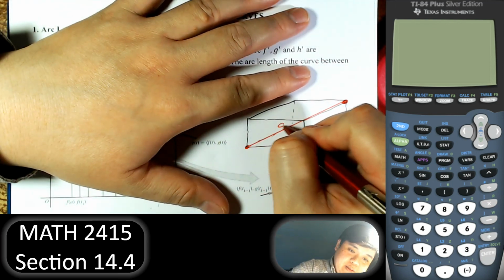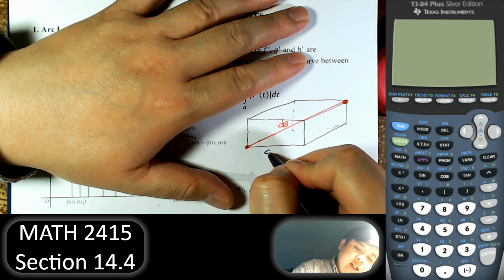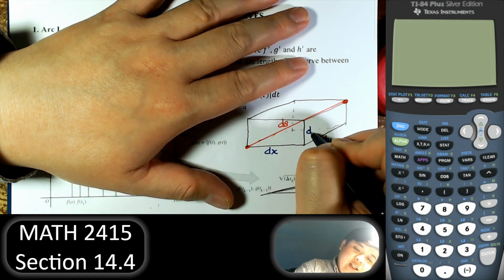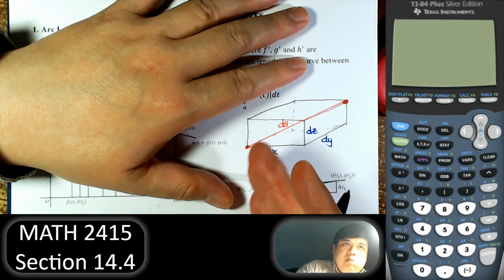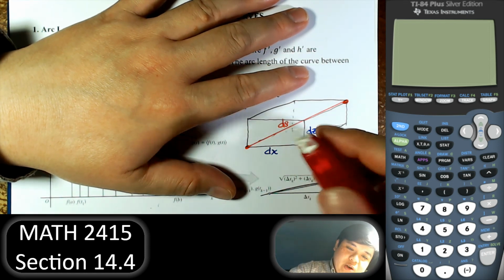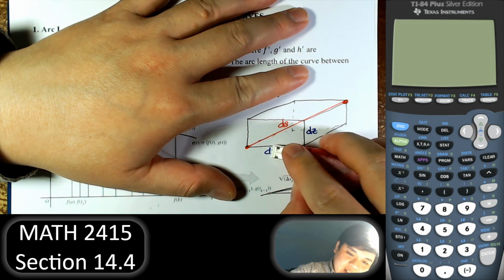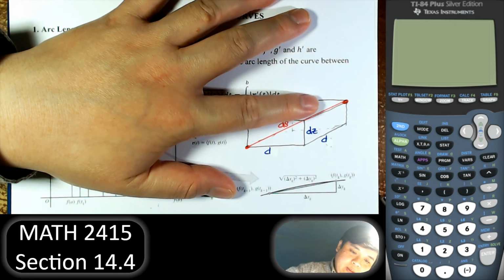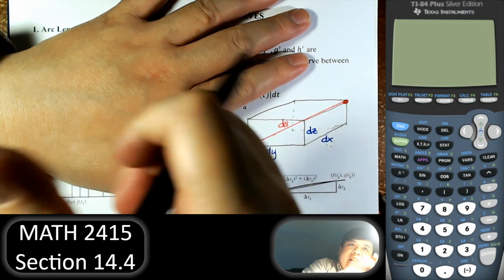So the diagonal from this vertex to this vertex, and let the length be ds. So Pythagorean theorem for 3 dimensions, still the same thing. We have dx, dy, and dz. Actually, the left hand rule may not work, but let's be precise here and say x, y, and then z.